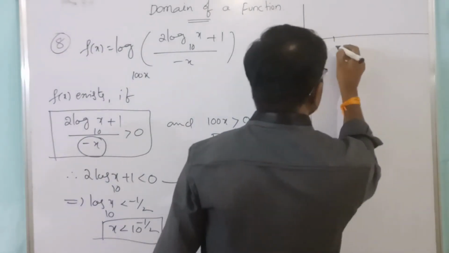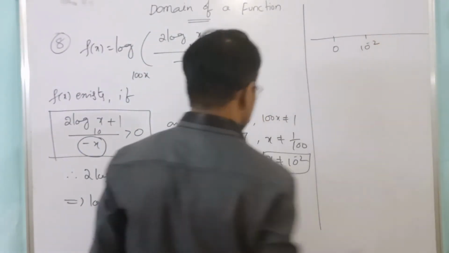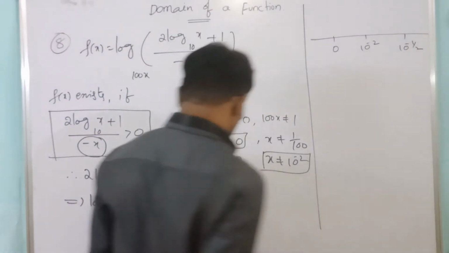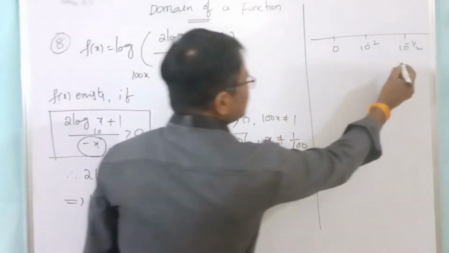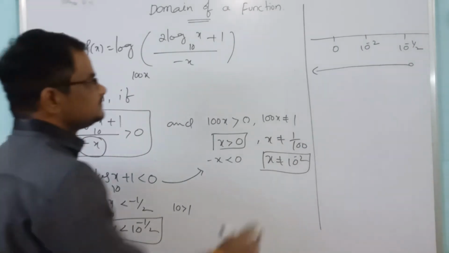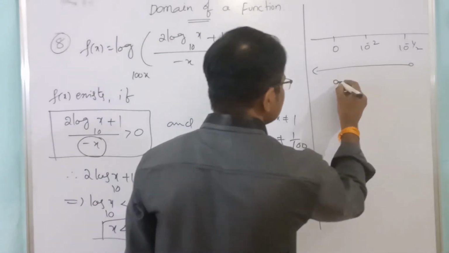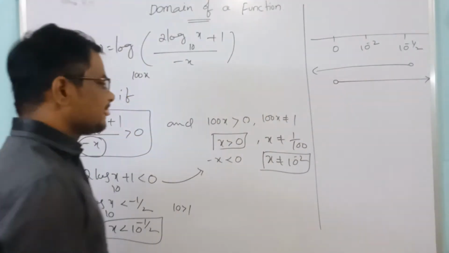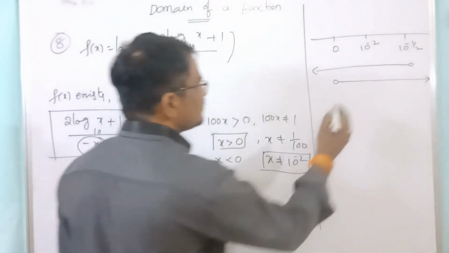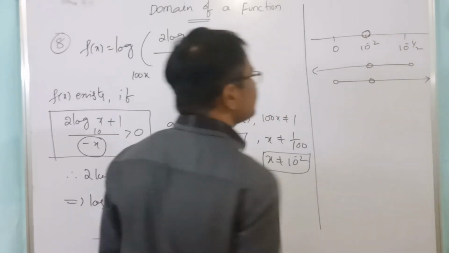Here 0, here 10 to the power of minus 2, and 10 to the power of minus 1 by 2. Less than minus 1 by 2 means this side, x greater than 0 means this side, and 10 to the power of minus 2 we can't take.